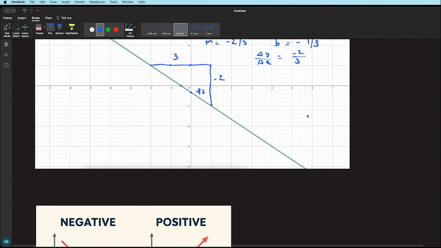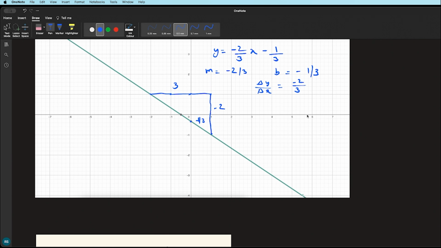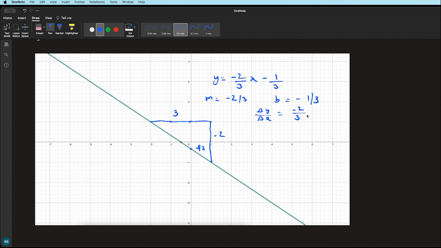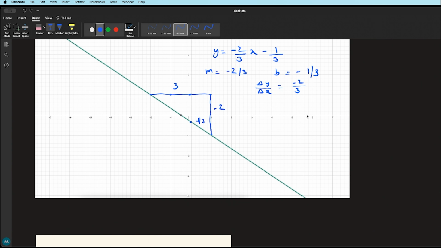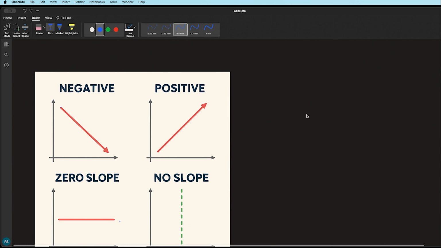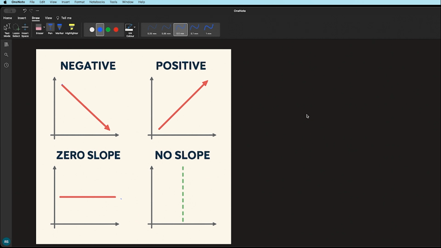From what we studied by using the different equations on the graph and plotting the different lines, I think you have got a better idea of how slope and intercept work. Now let's revisit the types of slope that we have studied so far.